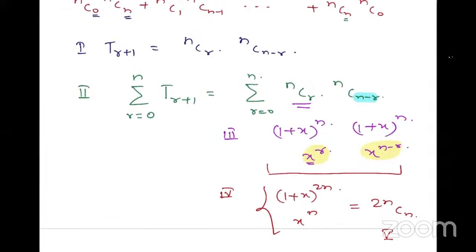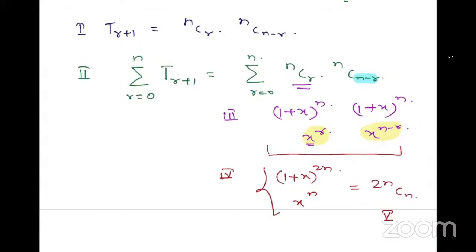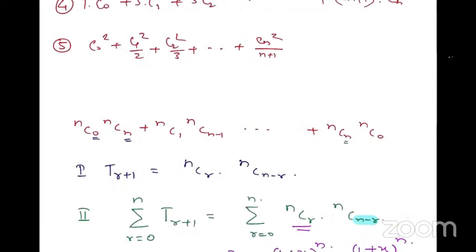Step 5, the answer. The easiest way to get the answer is to start with the Tr plus 1 term and solve up to the expansion of (1 plus x) to the power 2n, x to the power n.